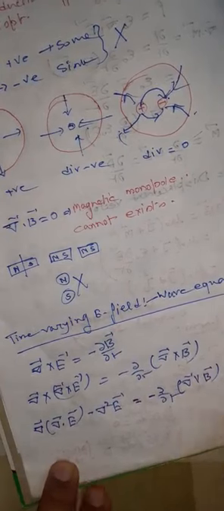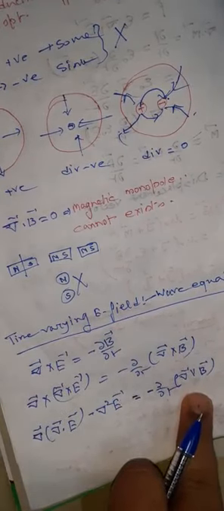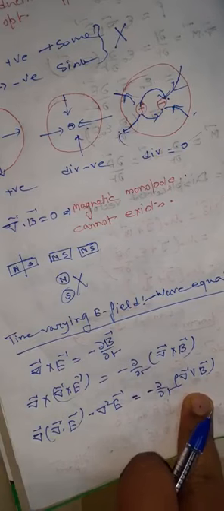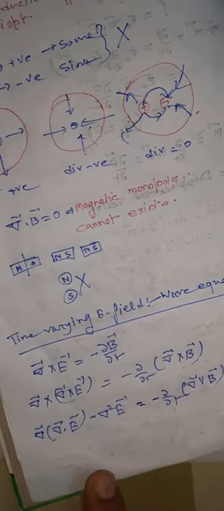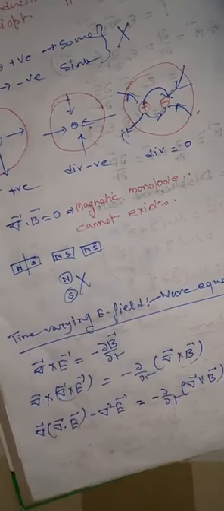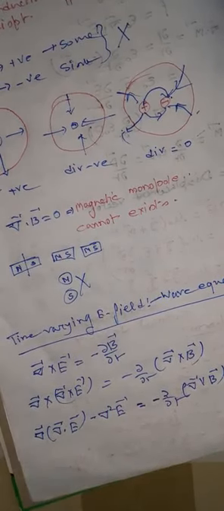Now this curl of B, I know it. The divergence of E, the first term, is actually 0 in free space.